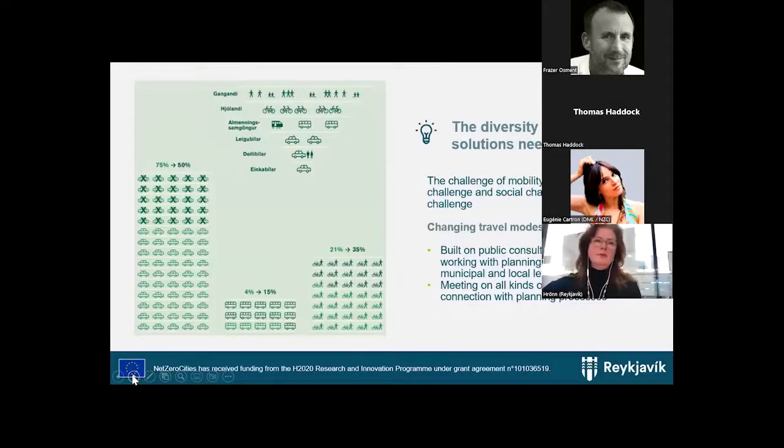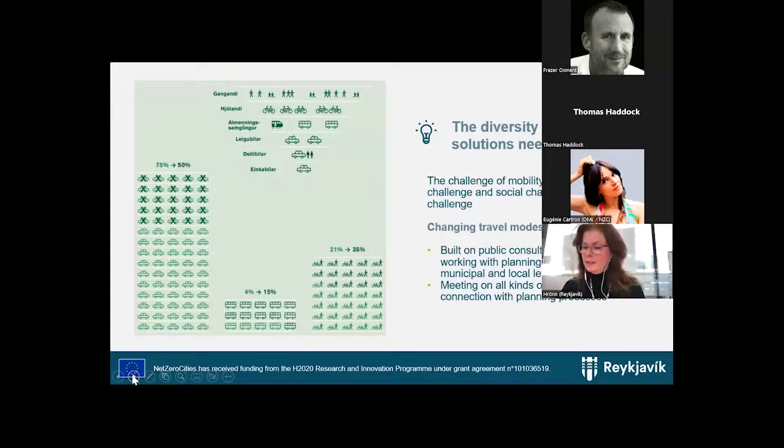So if you're looking at the picture here to the left, I'm sorry, this is in Icelandic, but I think you recognize the drawings. It's like a diverse triangle. This is a picture from our municipal plan that was accepted in 2014, but some revisions were made to it last year.